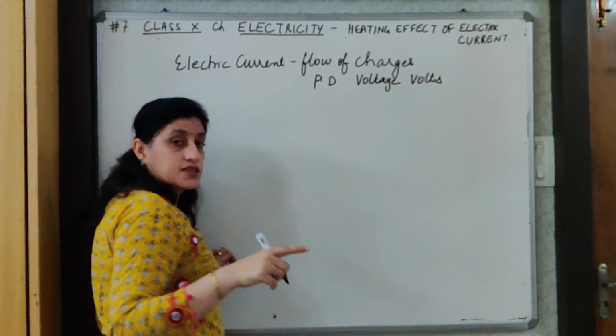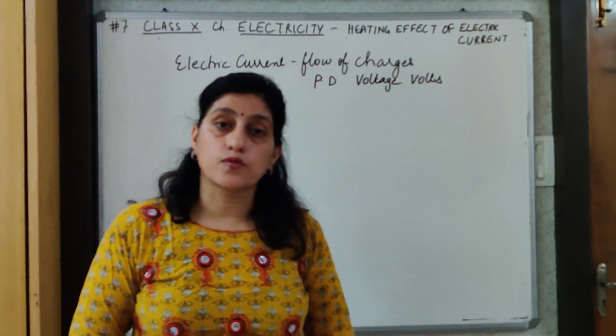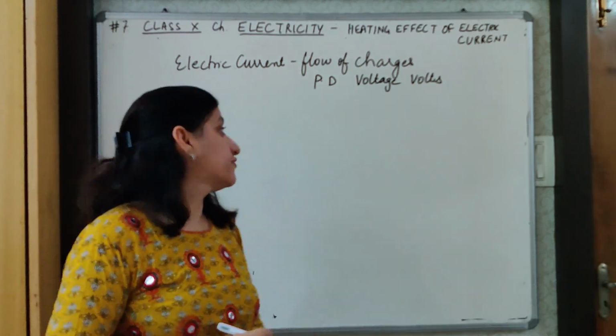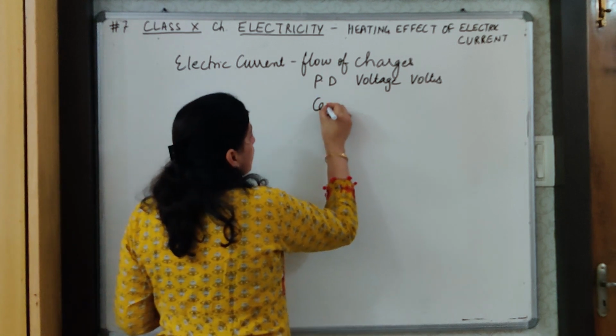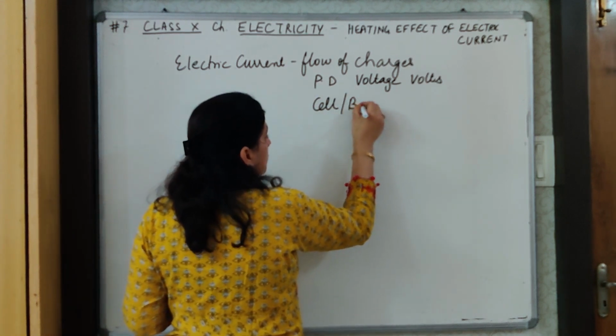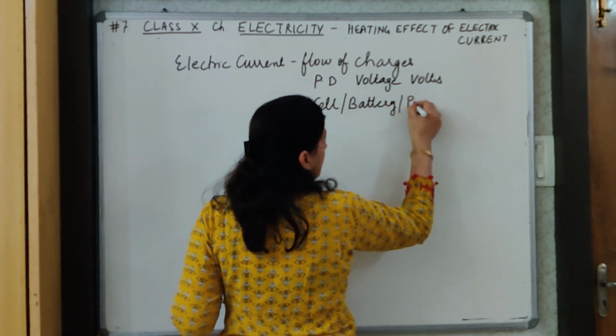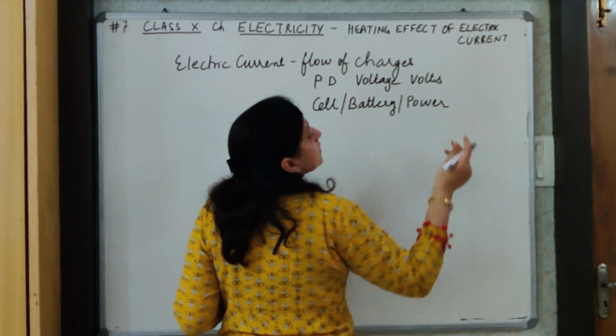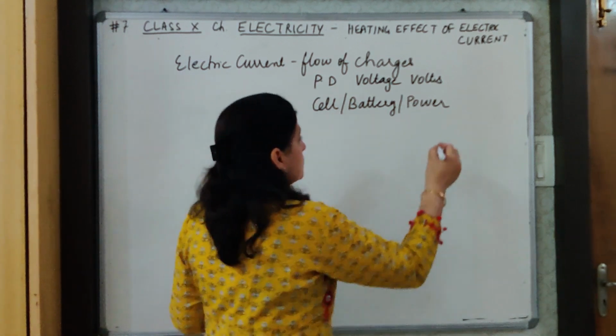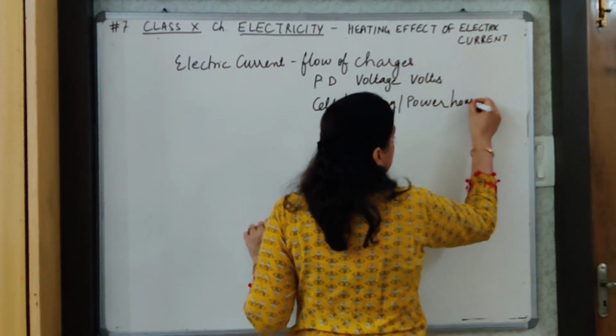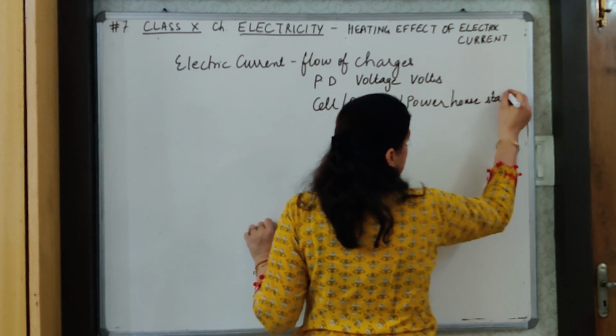For the flow of charges a potential difference is required, and this potential difference is provided from a cell or battery, or it is provided from the powerhouse stations, that is the electricity which comes to our houses.